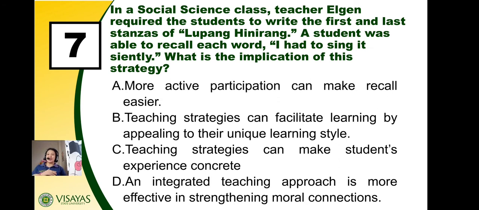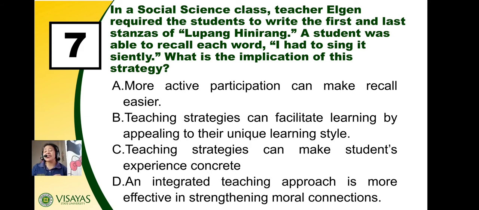Okay, number 7. In a social science class, Teacher Elgin required the students to write the first and last stanzas of Lupang Hinirang. A student was able to recall each word. I had to sing it silently. What is the implication of this strategy? A. More active participation can make recall easier.